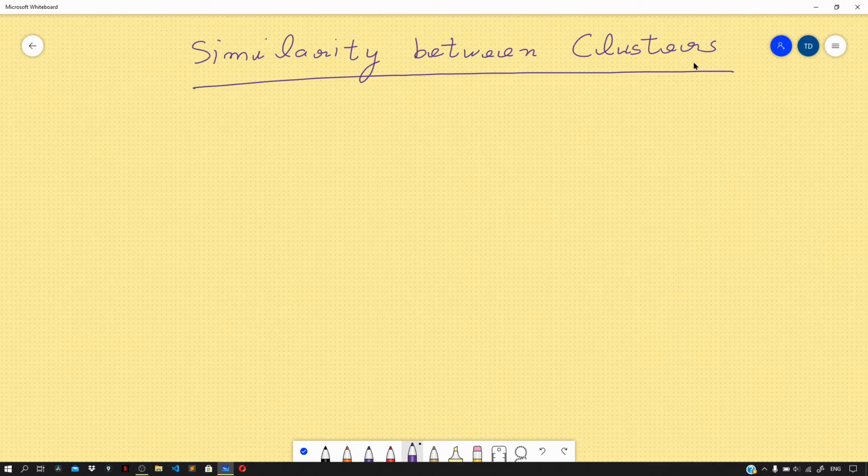We also learnt about Euclidean distance in one of the previous videos and also used it in our implementation of the KNN algorithm. The link for the videos covering the same can be found down below. Now the main question here is how we can measure the similarity between clusters, because these clusters contain a lot of data points. So let us see how we can measure similarity between clusters.